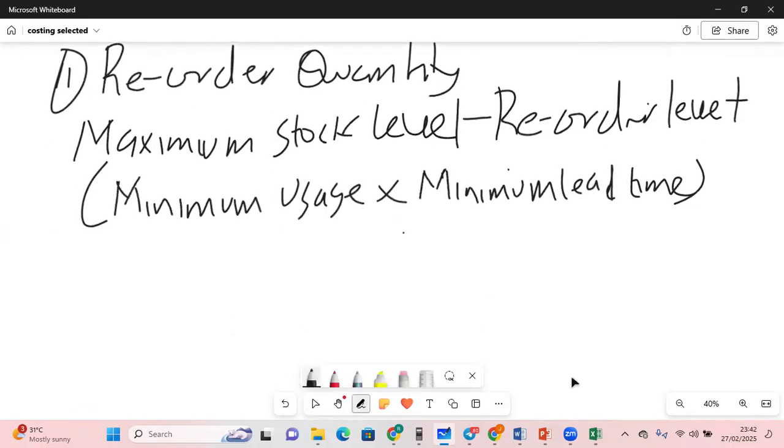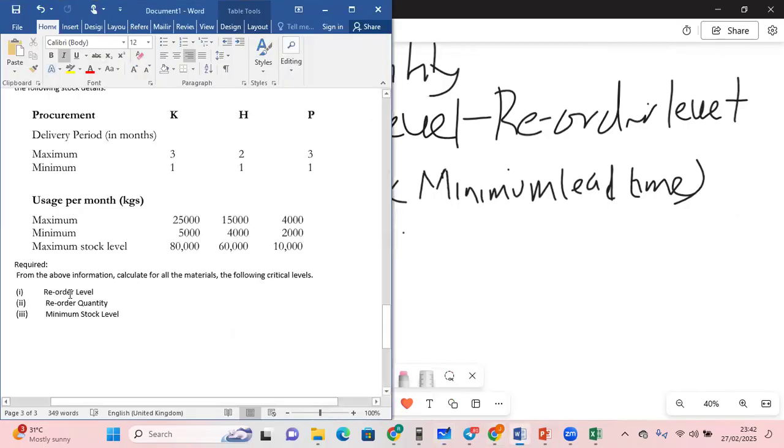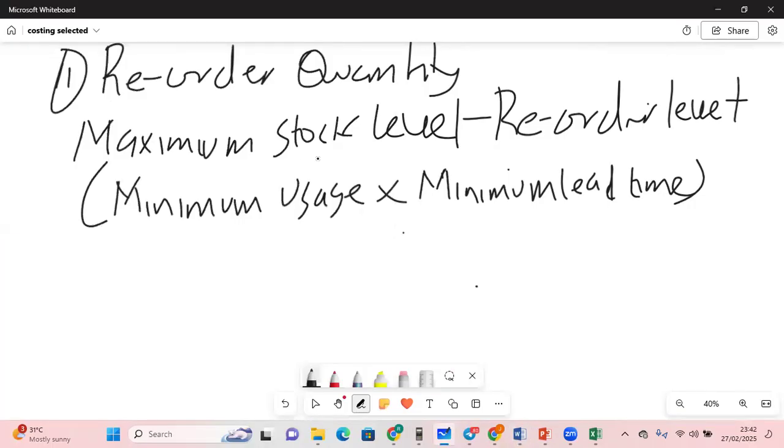So let's pick this. Now here, our maximum stock level is 80,000. Then we have our minimum and limit. So let's start with the maximum stock level.